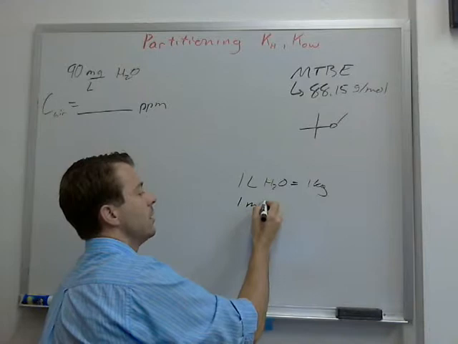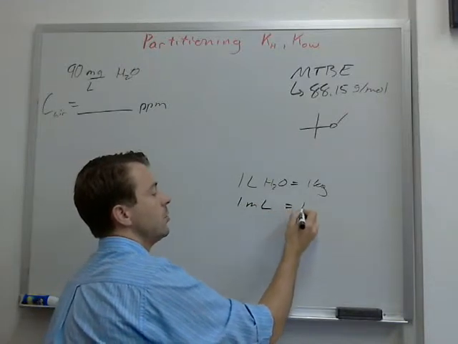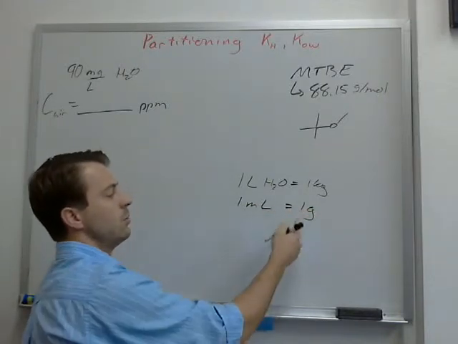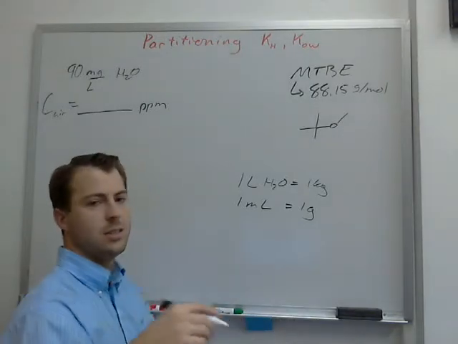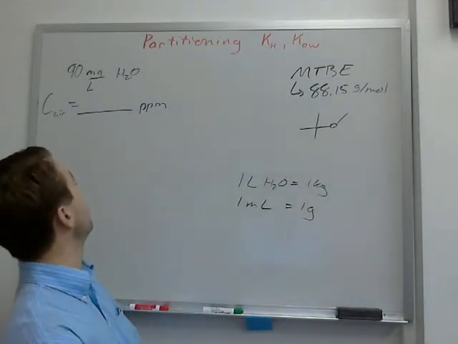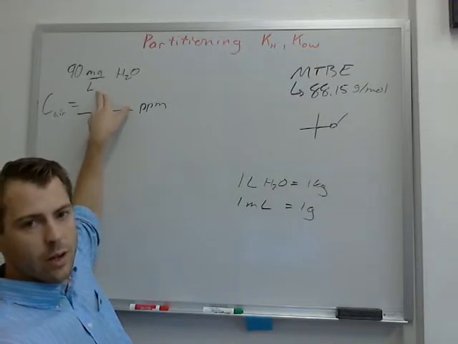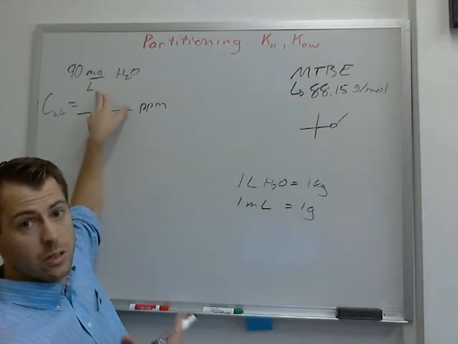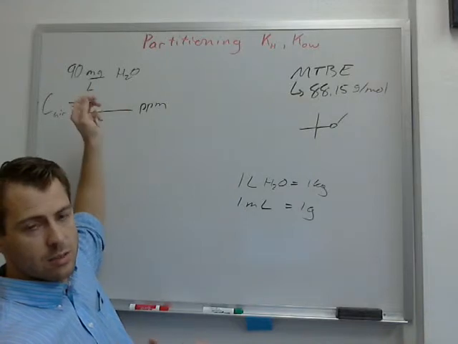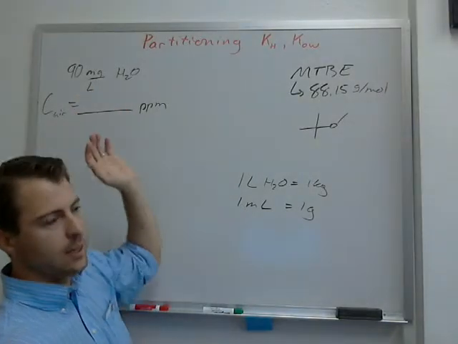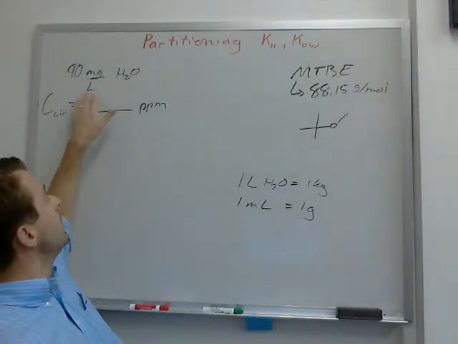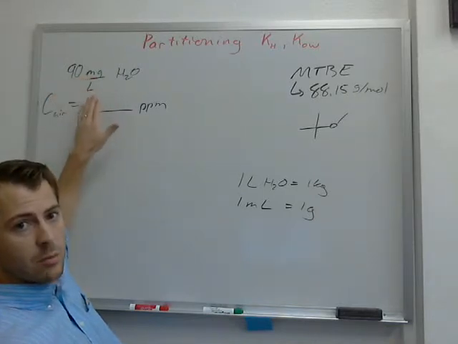Therefore, 1 milliliter equals 1 gram. So when we talk about mass units, the volume here actually represents a certain quantity of water, which is virtually 1. At the types of temperatures, it's 0.99 something. So it's basically 1.